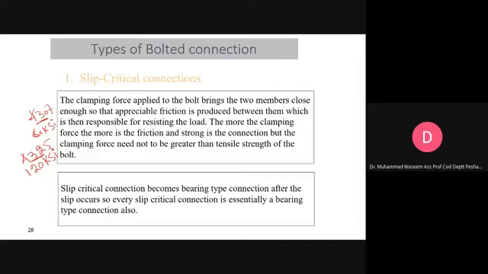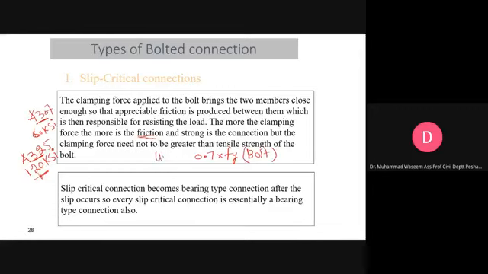Okay. So if you tension it more, more clamping forces will be produced. If more clamping forces will be produced, so what will happen? It will produce in turn more frictional forces. Okay. So the clamping force, you have to apply the torque. You can apply a torque up to 70% of the tensile strength of the bolt. Okay.